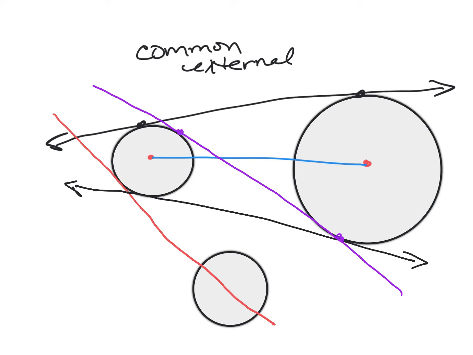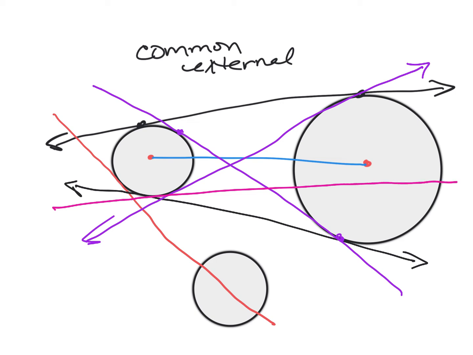And then same thing here. I could draw another one this way. If the line that gets drawn, just like I did before, let's say it's tangent to this one, but then it goes into the circle on this one.